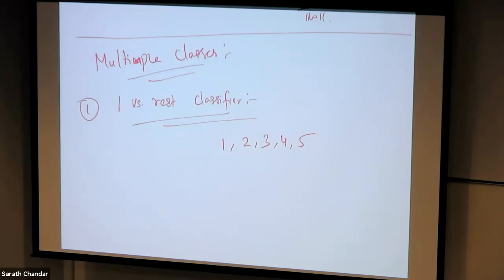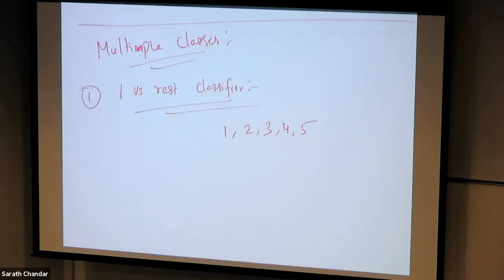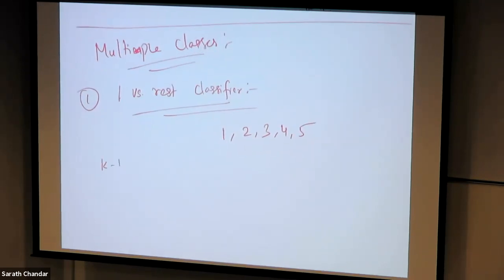The second classifier will classify 2 or not 2. Then 3 or not 3, 4 or not 4. If it is not 1, 2, 3, 4, then it is automatically 5. So the idea is to design k minus 1 classifiers. You have k minus 1 two-class problems, which are going to model this k-class problem.